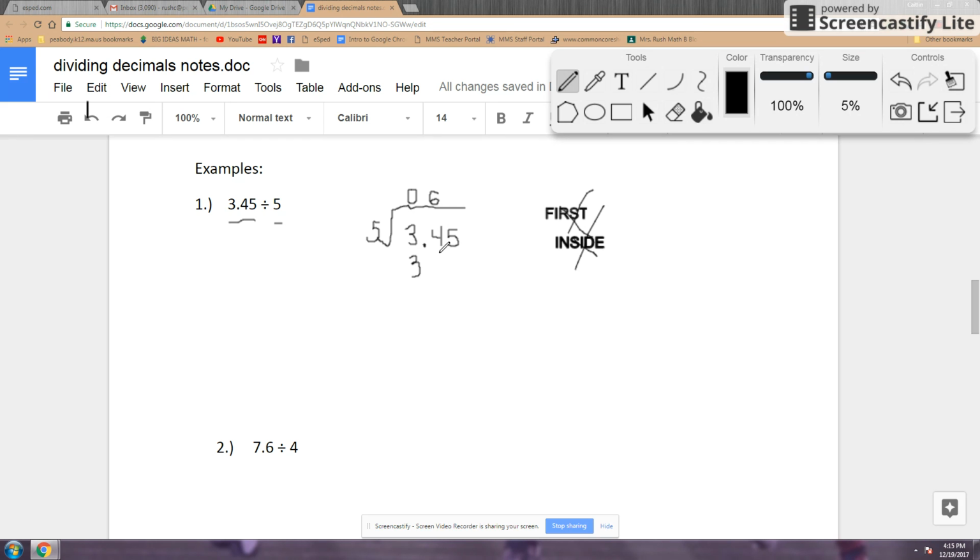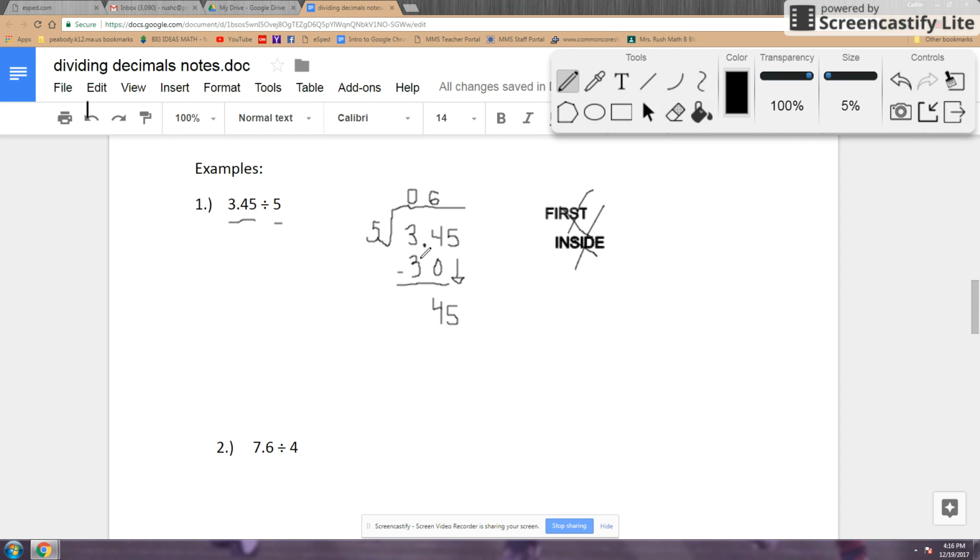Put the 30 down here. Then we subtract. 4 minus 0 is 4. 3 minus 3 is 0. So I'll just leave that blank. Remember now we can bring this number, the 5, straight down.